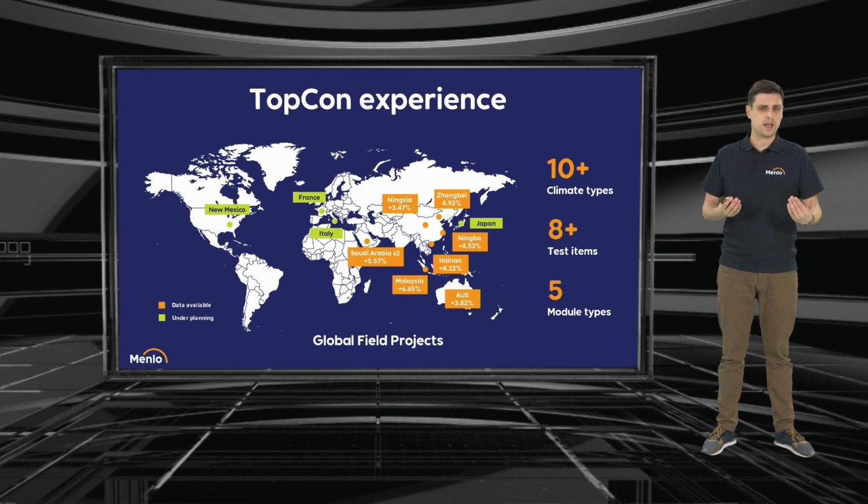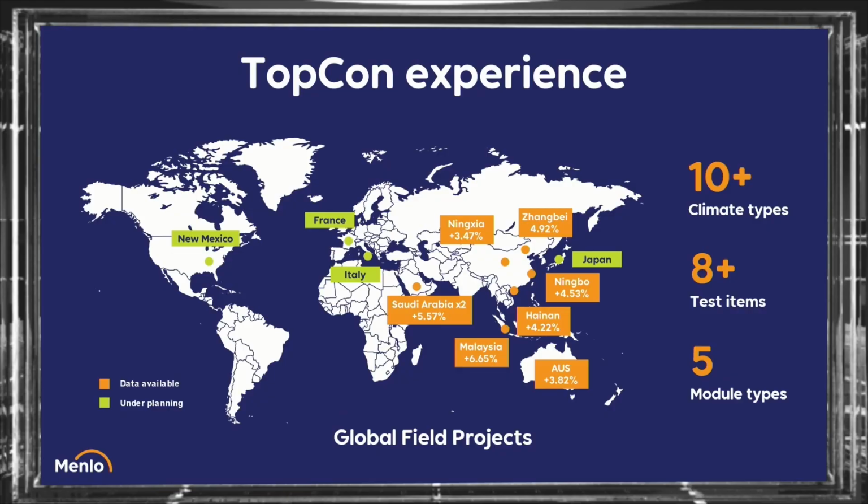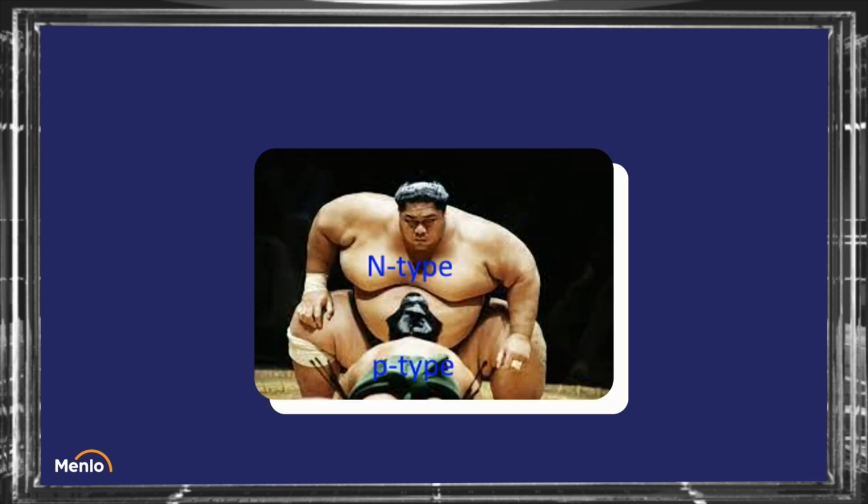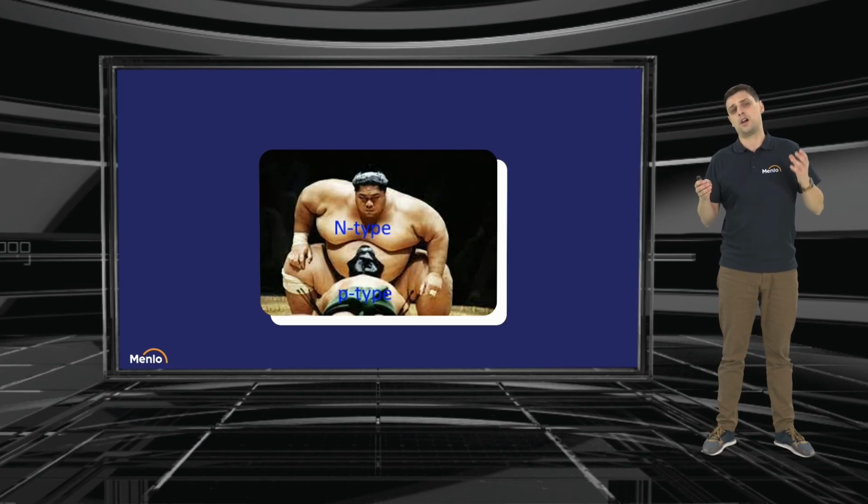And as we can see, thanks to better parameters, we can reach 2, 3, 5% more production, depending on how high the average temperature is in the area where we make these tests. So when we compare P-type and N-type, P-type is in last position without doubt.